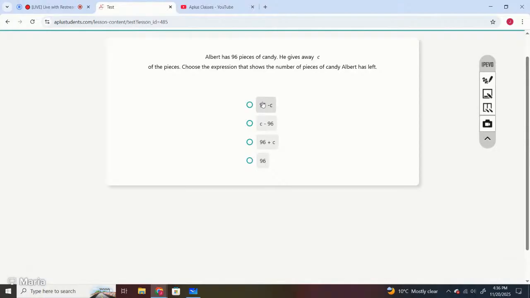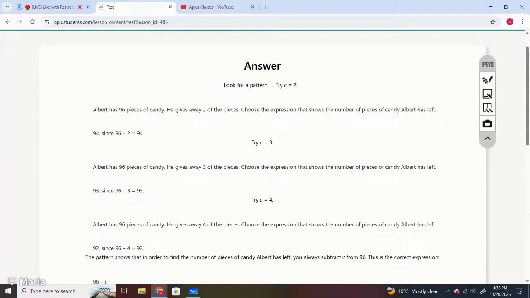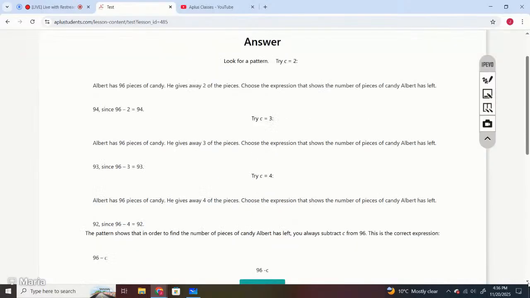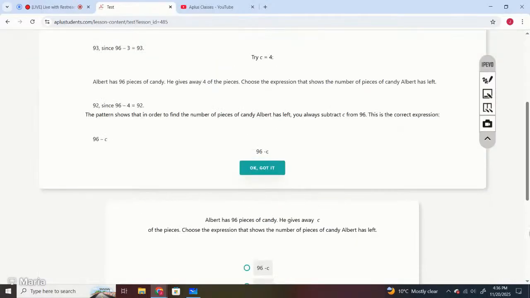He gives away C. So that is C minus 96 because he... What's wrong with the question? No, that is 96 minus C.